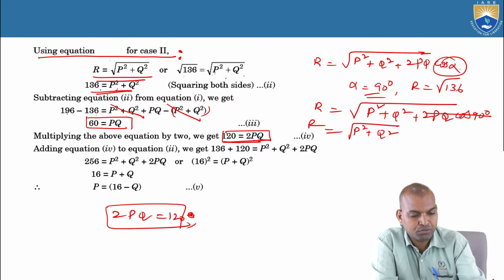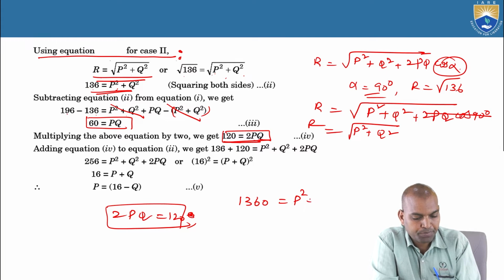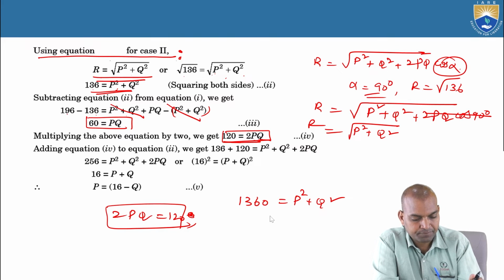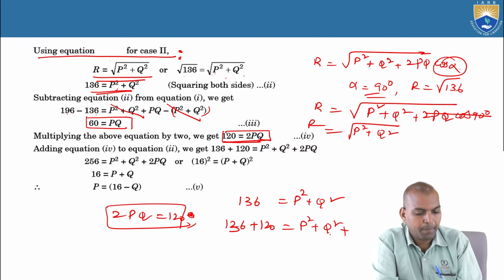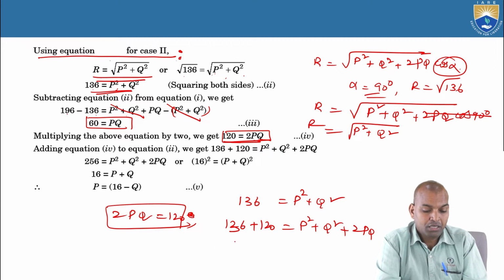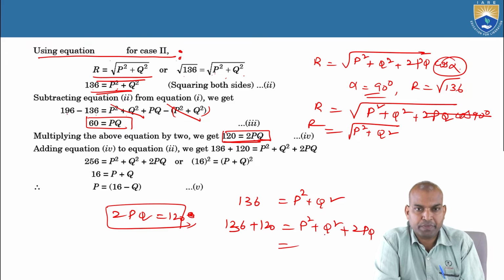What is equation 2? This is equation 2: 136 equals p square plus q square. If we add, 136 plus 120 equals p square plus q square plus 2pq.